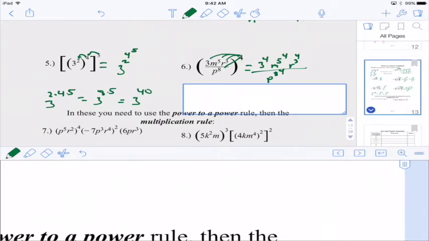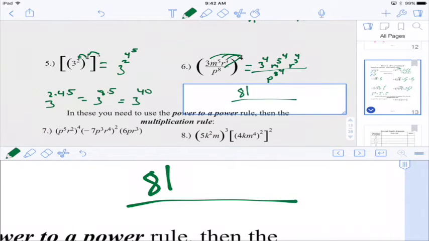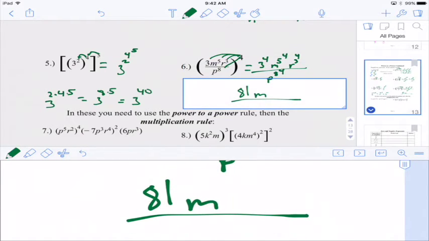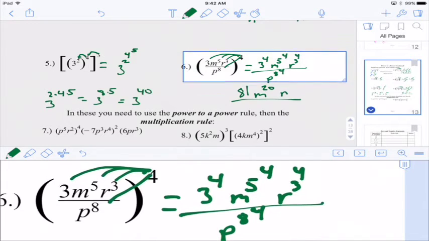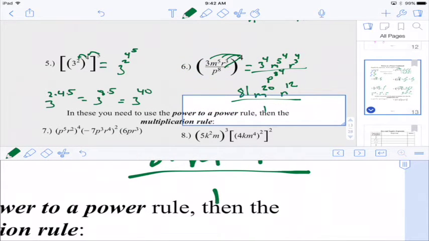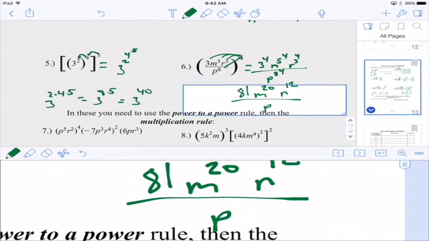Your calculator will tell you that that's 81. M, we're going to multiply 5 times 4, so m to the 20th. R, we're going to multiply 3 times 4, so 12. And p to the 8 times 4, which is 32.